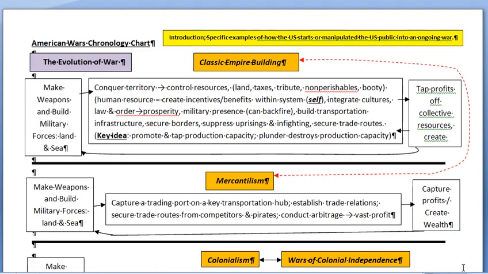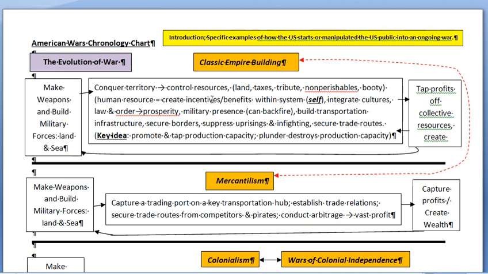In all cases, you see that there's a circular relationship between making weapons and building military forces, both land and sea, armies equipped, navies with ships and so forth, and then the means of conquering and controlling resources from which you tap profits. And with these profits, the wealth created, you use that to build your military assets. So they go hand in hand.